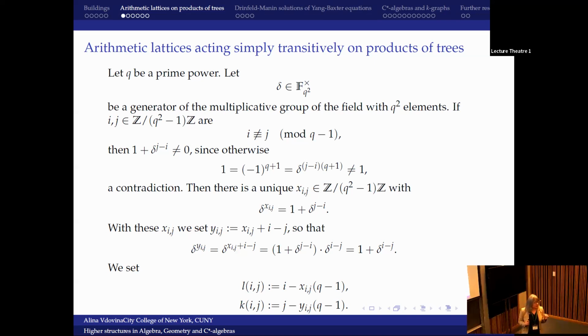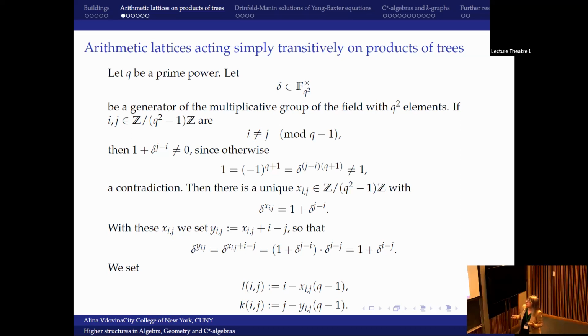And here, just to show that we have some computations in finite fields, you have two elements, i and j, in the finite field, and then you do certain computations, and then we also have an extra parameter delta.